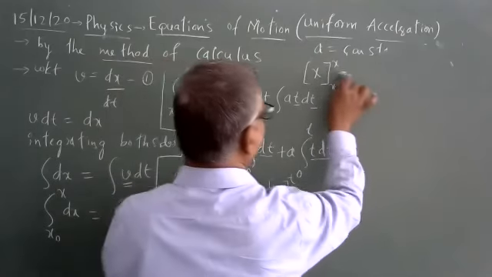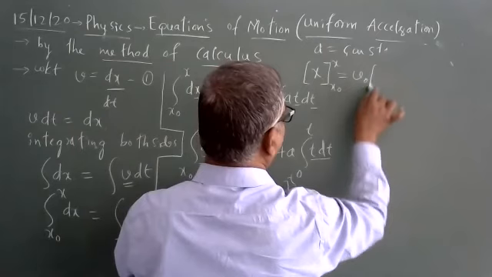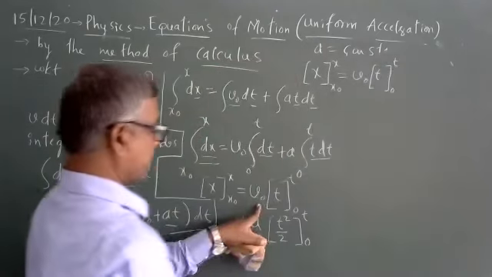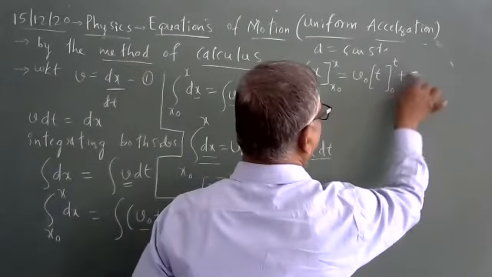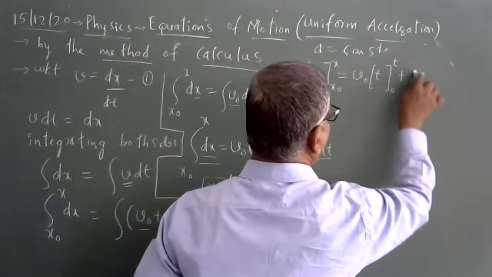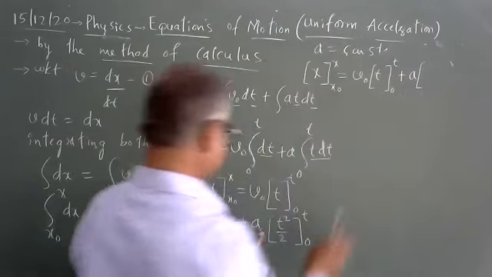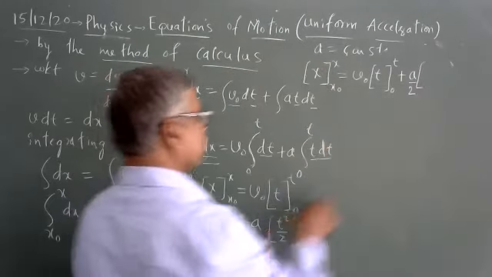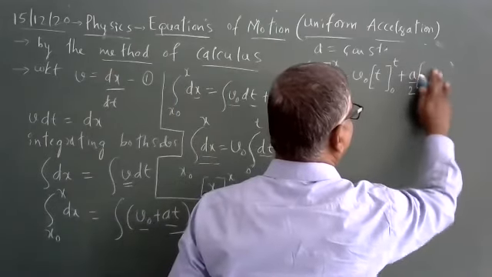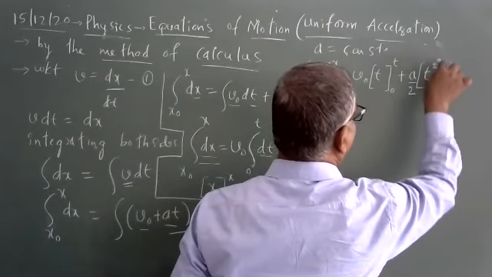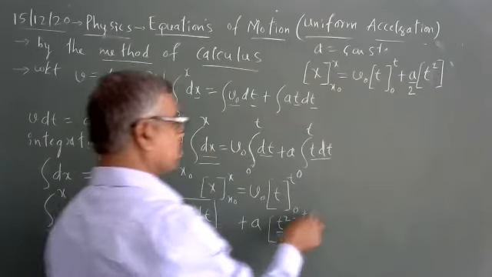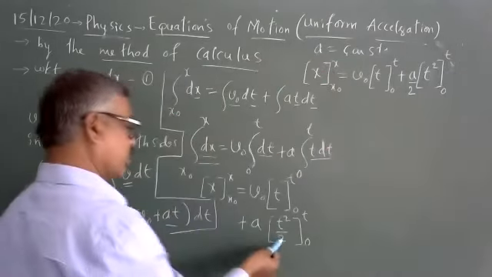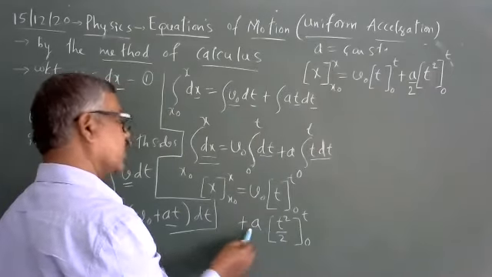On the right side, you have initial velocity, time, lower limit 0, time. This part is over. The first, acceleration, inside the bracket you have t square, 2 comes outside, this t square remains. Let me write it once again. It is t square, lower limit 0, upper limit t. Why have I taken 2 outside? Because 2 is a number. Anything constant, take it outside the bracket.